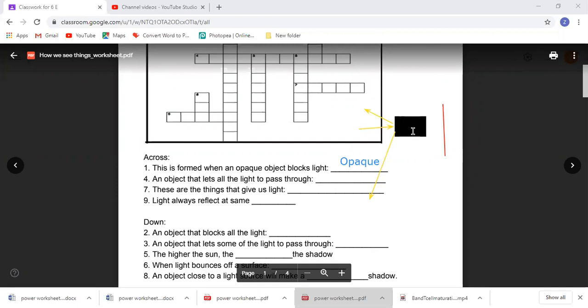Now, an object that lets all the light pass through. Other than this opaque object, we also have a transparent object. Think of a glass, right? We know that glass is a transparent object, and through this most of the light can pass. So the light will be able to pass, and because the light can pass, there will be no dark area.